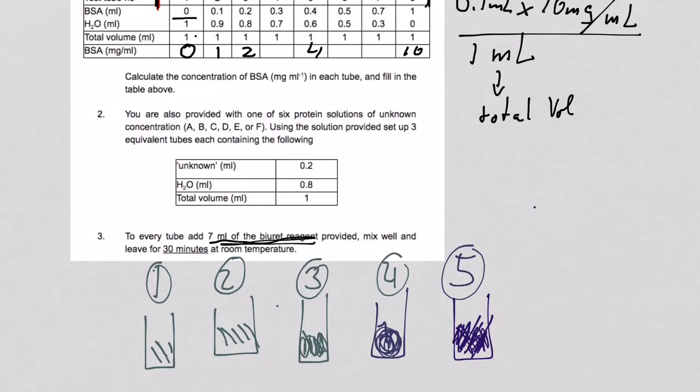So these are your 8 tubes of your standard. At the same time, when you set up your standard, you also set up your unknown concentration. What does that mean? You will be provided with a tube which has just a letter on it.